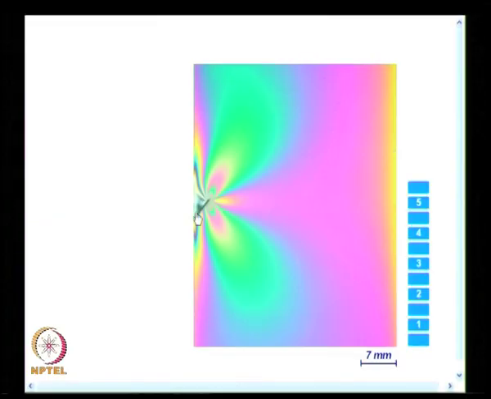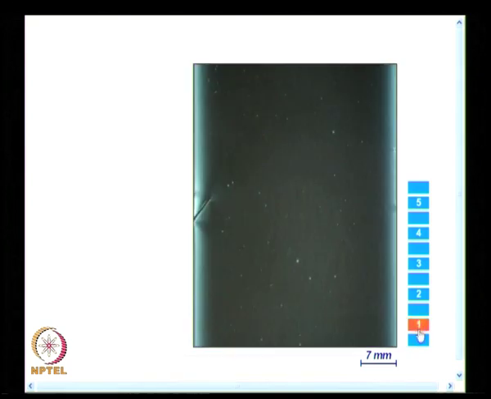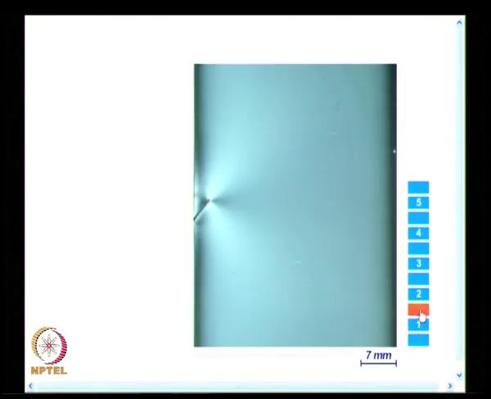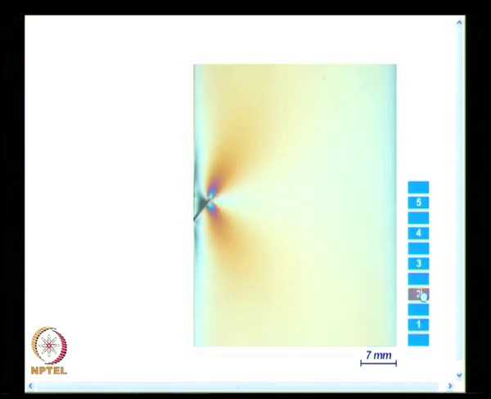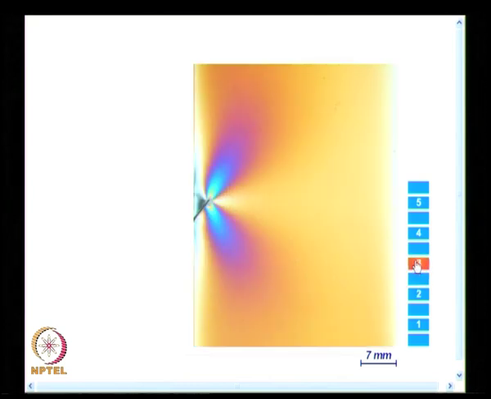The moment you come to a combination of mode 1 and mode 2, you find it is no longer symmetrical about the crack axis, observation number 1, and I would again load the specimen sequentially, then you will observe the fringes on one side of the crack and the other side of the crack are not of the same size, which you could observe. I slowly increase the load and you could see how the fringes develop. So, you have a fringe on this side and you have a fringe on the other side, they are of different sizes.